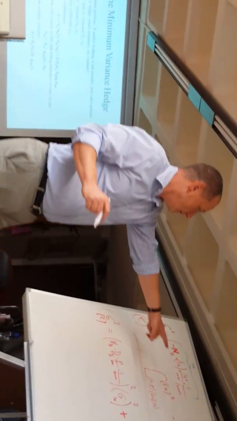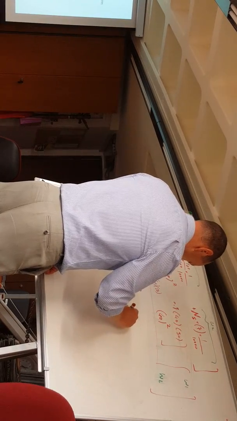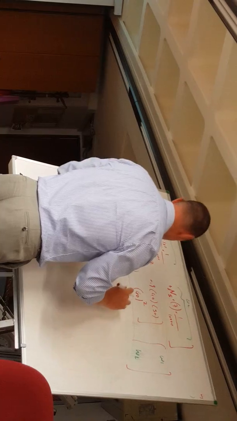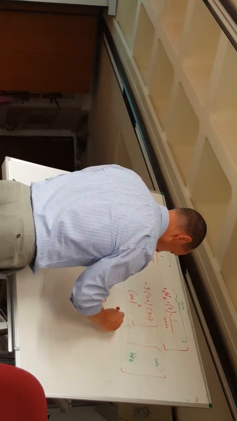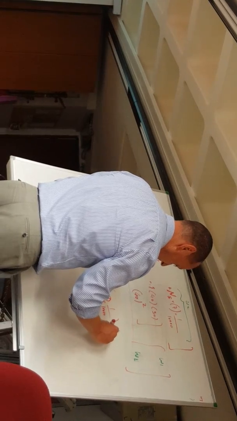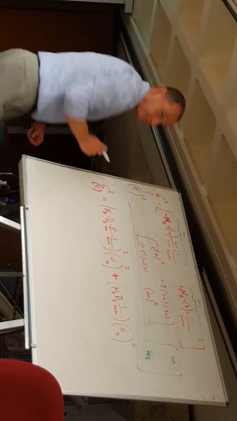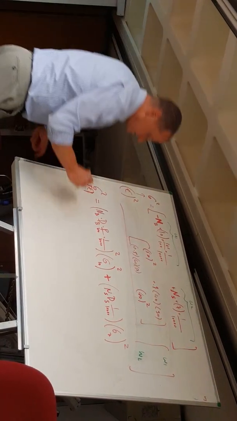Plus, for the swap, we said everything is in par, times 1 over 10,000, sigma 7 squared. Minus, in this case.